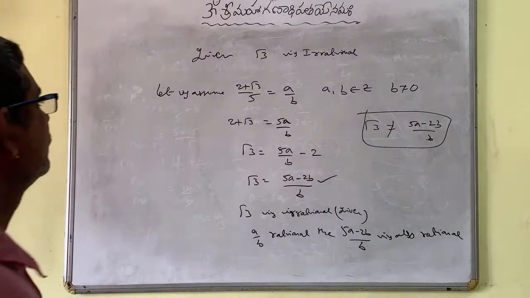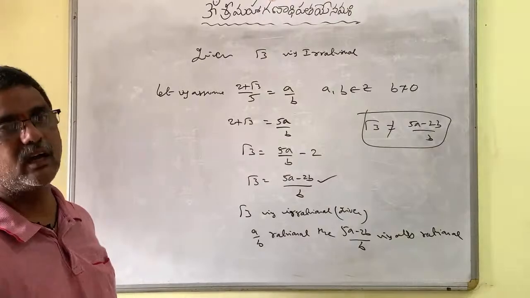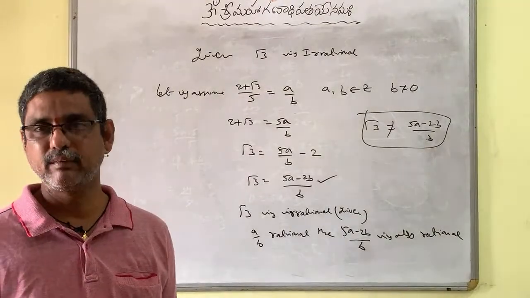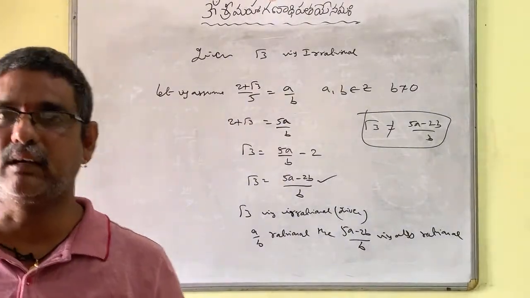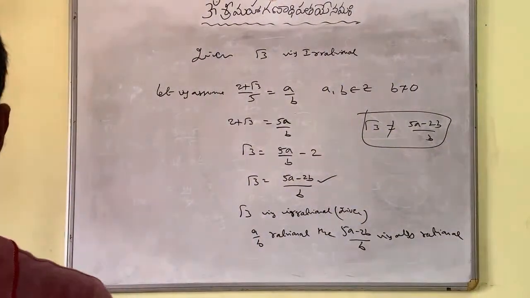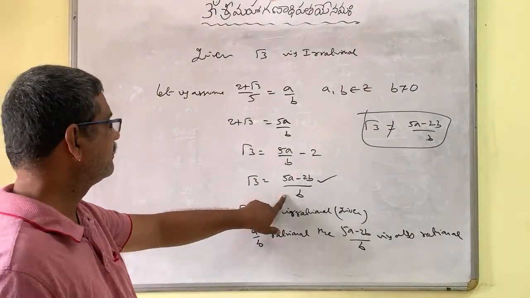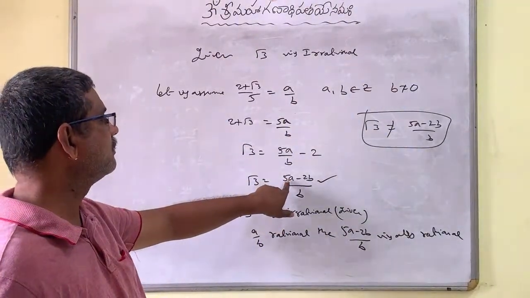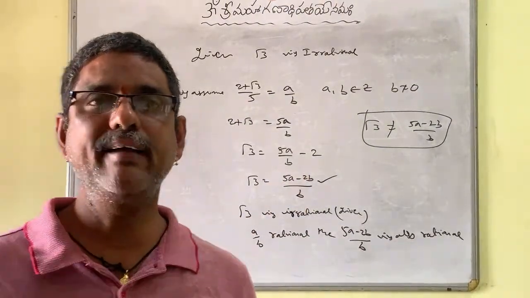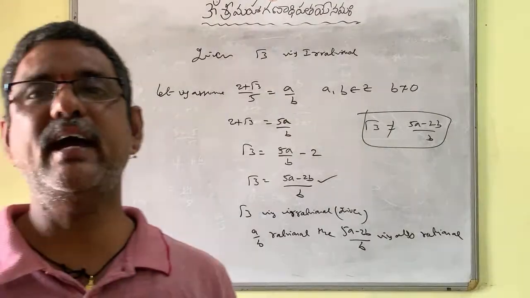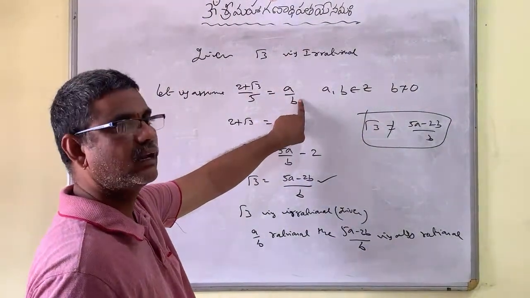So here, given root 3 is irrational and we have to prove this is also irrational, we will assume that (2 plus root 3) by 5 is a rational number. After doing some steps, we got root 3 equal to (5a minus 2b) by b. This is always rational because a by b is rational.